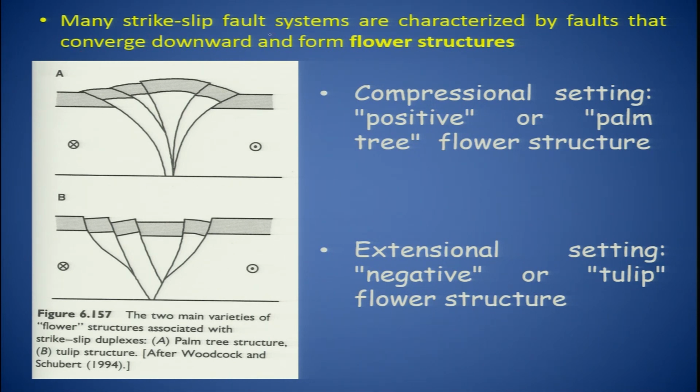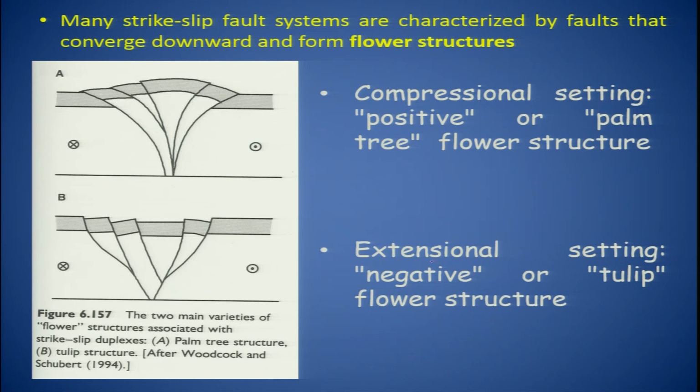Okay, many strike slip fault systems are characterized by faults that converge downward and form a flower structure. Okay, so in a compressional setting, positive, or you also term this as a palm tree flower structure. So we have positive flower structure.